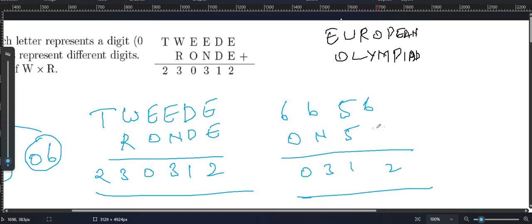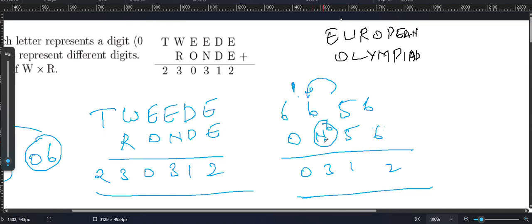If this is so, the first two digits give us 1 and 2, so there is going to be a carry. So this is going to be 1 here. So 6 plus 1, 7, should add with N in order to produce a 3. That only happens when N is equal to 6.